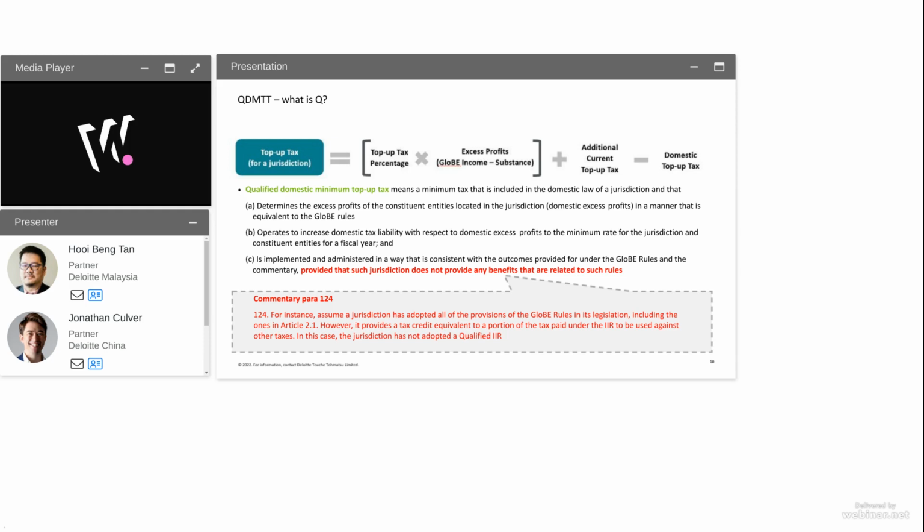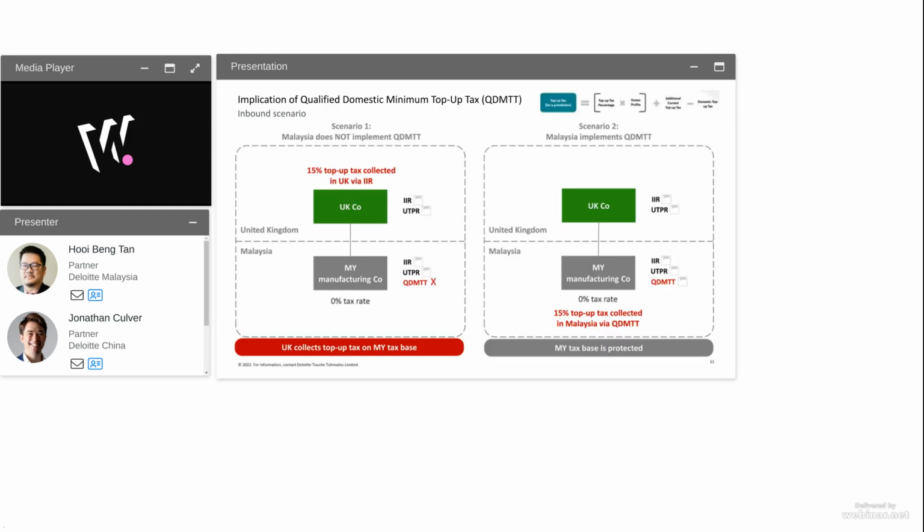So if we just move on to the next slide, we can start to explore how this works in practice. Okay, so up on the screen here, we have two fairly straightforward scenarios. One where there's no QDMTT in the subsidiary jurisdiction. One where there is a QDMTT. We have a UK UPE, right? So that will be potentially collecting top-up tax under the IIR.